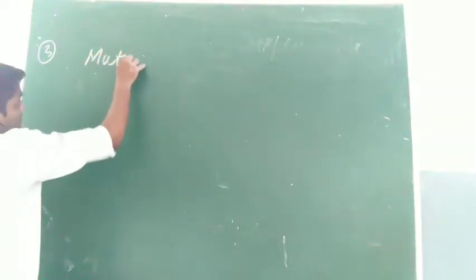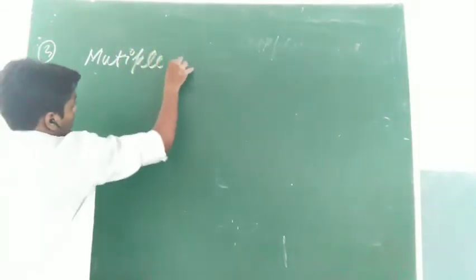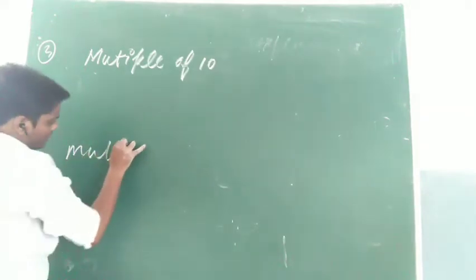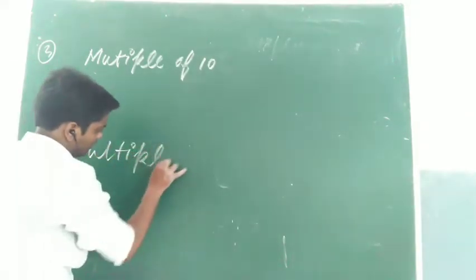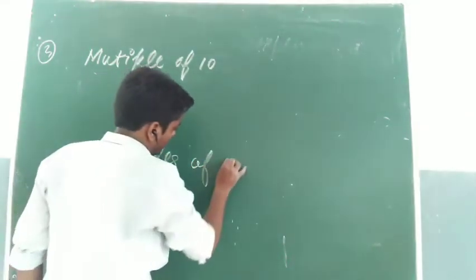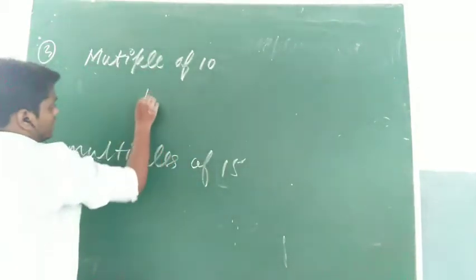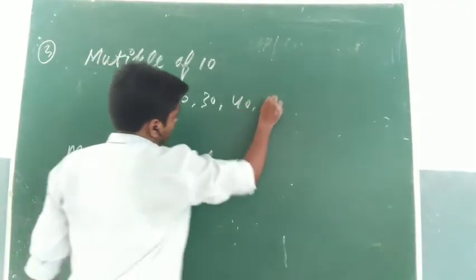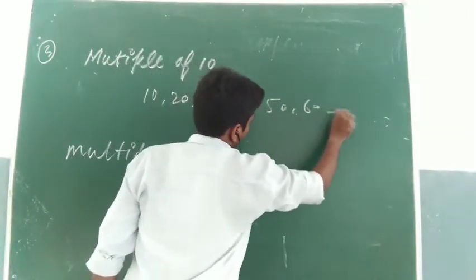So multiples of 10 and multiples of 15. 10, 20, 30, 40, 50, 60 and so on.